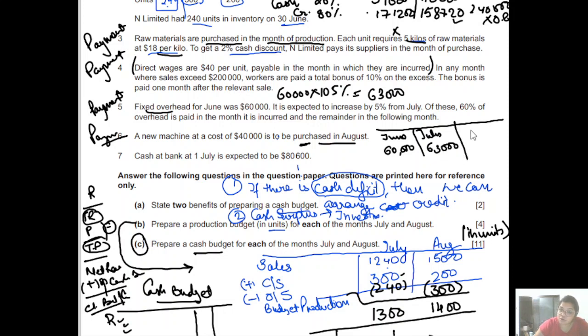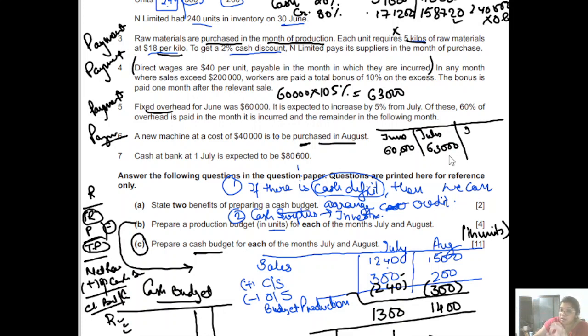And in the month of August, because it's a fixed overhead, after July there is no expectation given in the question. Like if they said every month 5% increase, then you need to find out the increased fixed overhead, and how would you solve that at the time? 63,000 into 105%.